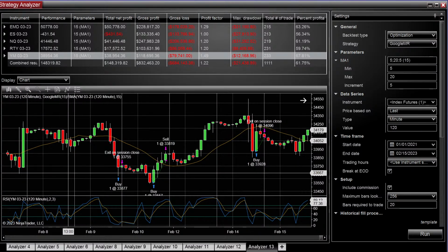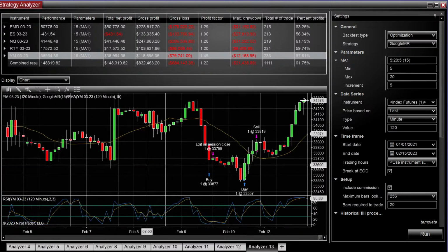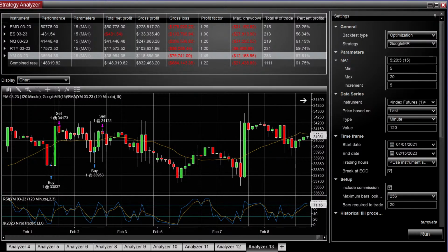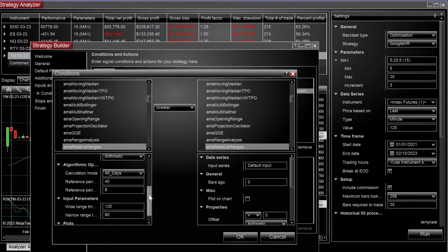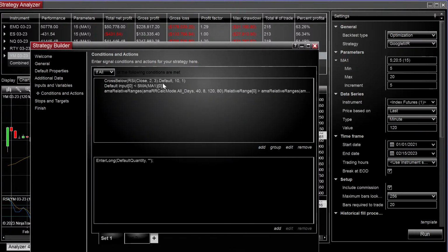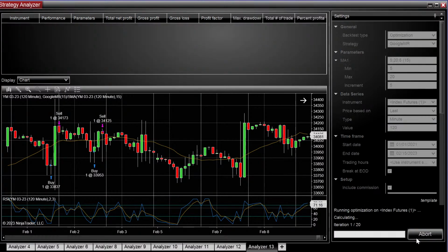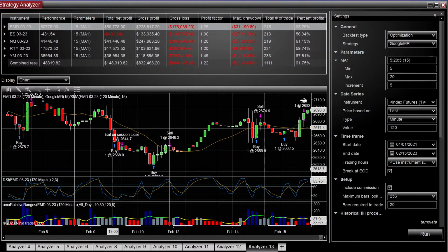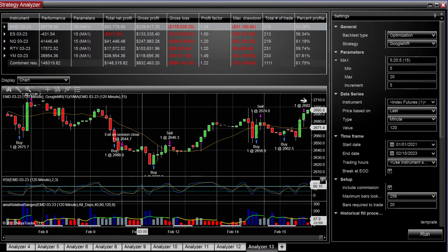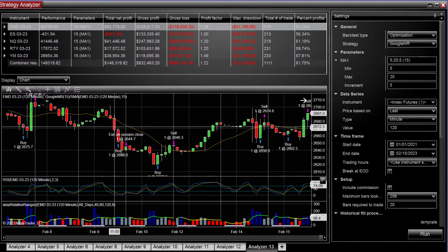I didn't plot it on the chart, but it pretty much just looks the same as the other one. So I can run that again. You can see the relative volatility at the bottom.